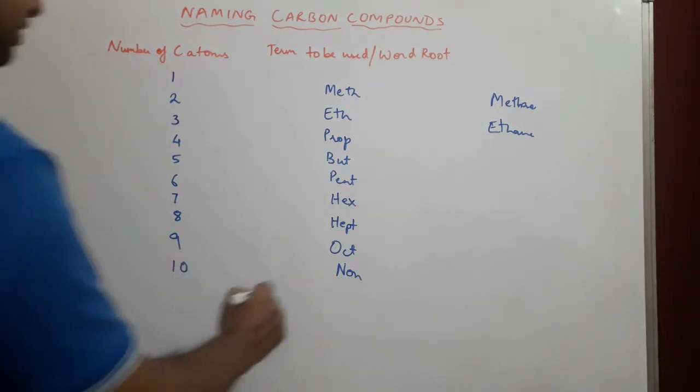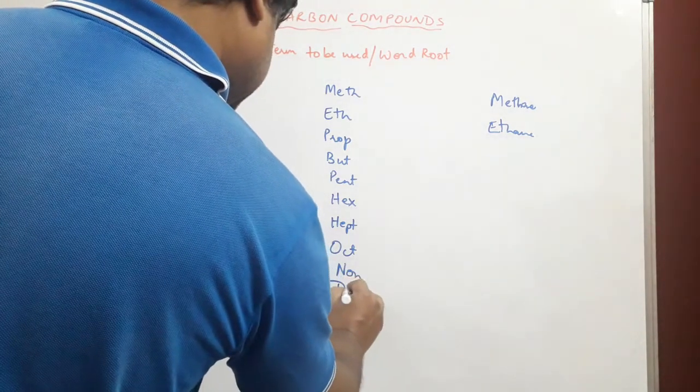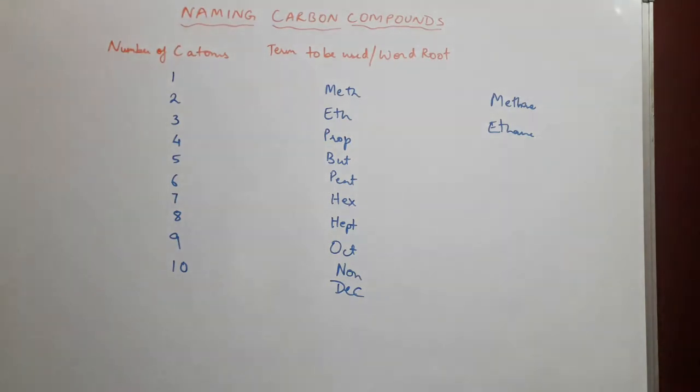And 10, it is dec. Okay, so these are the word roots that we need to use in order to name carbon compounds, and these are the terms that we begin with based on the carbon atoms.